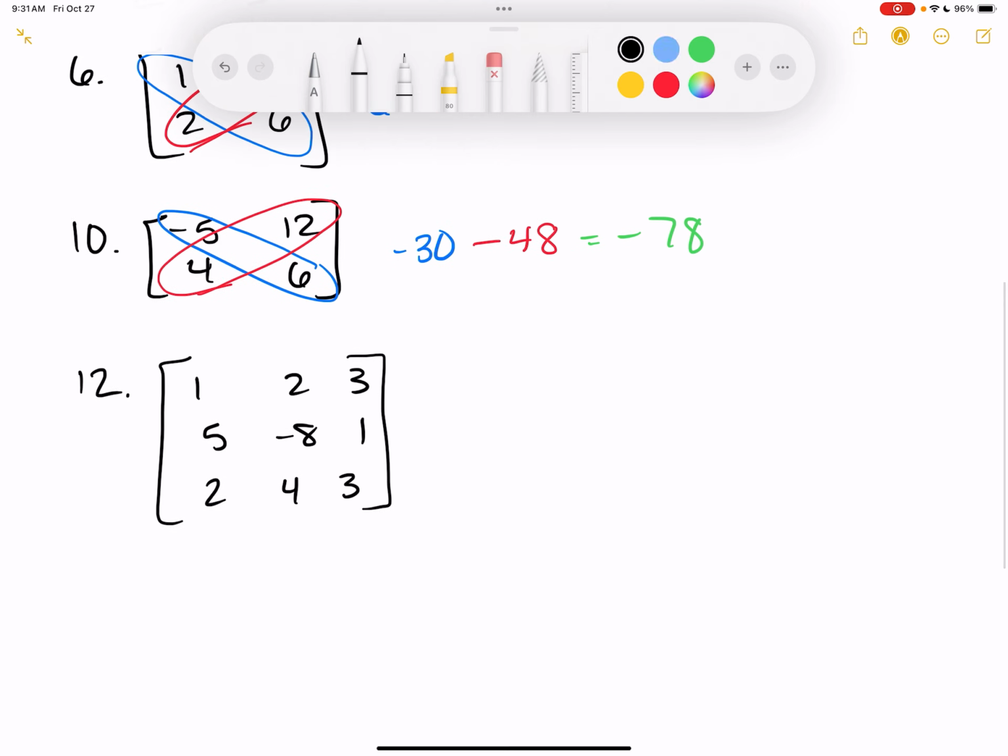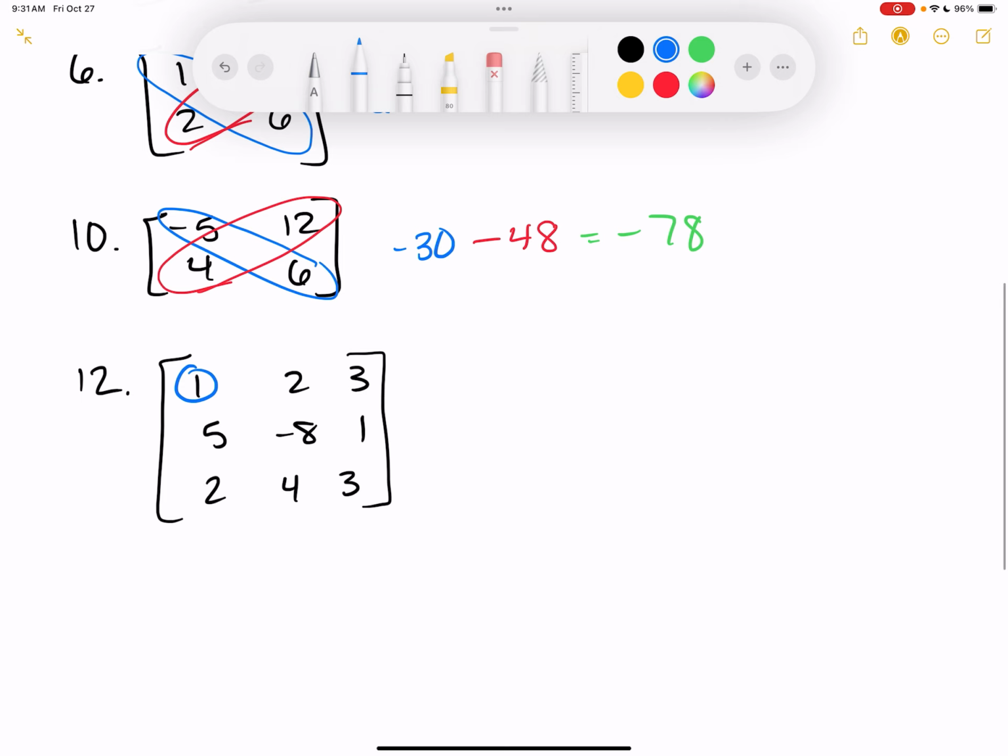I'm going to do it below just so I have enough room. Basically, the top row is only used to tell us what we're multiplying by. So it's going to be 1 times, and we cover up everything else in that column and take the determinant of the other stuff. So this is going to be 1 times the determinant of this 2 by 2.